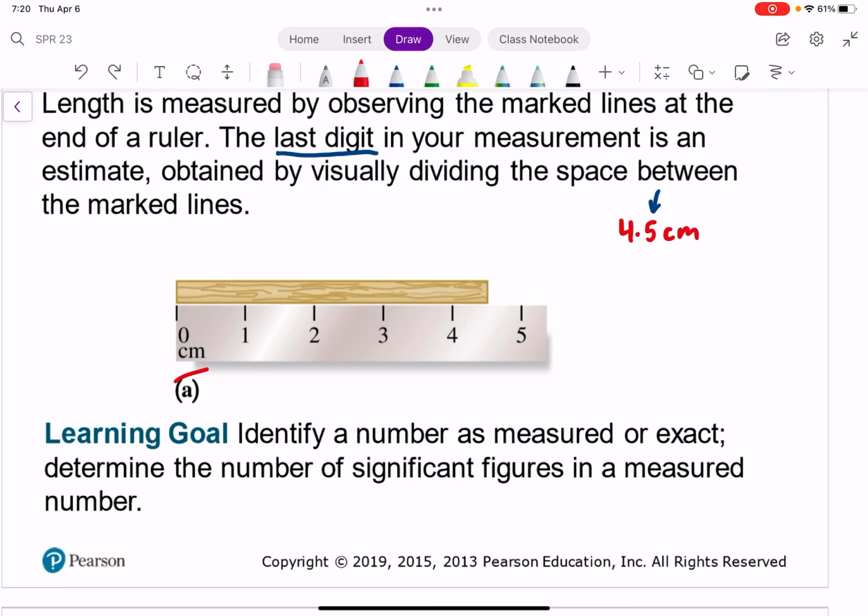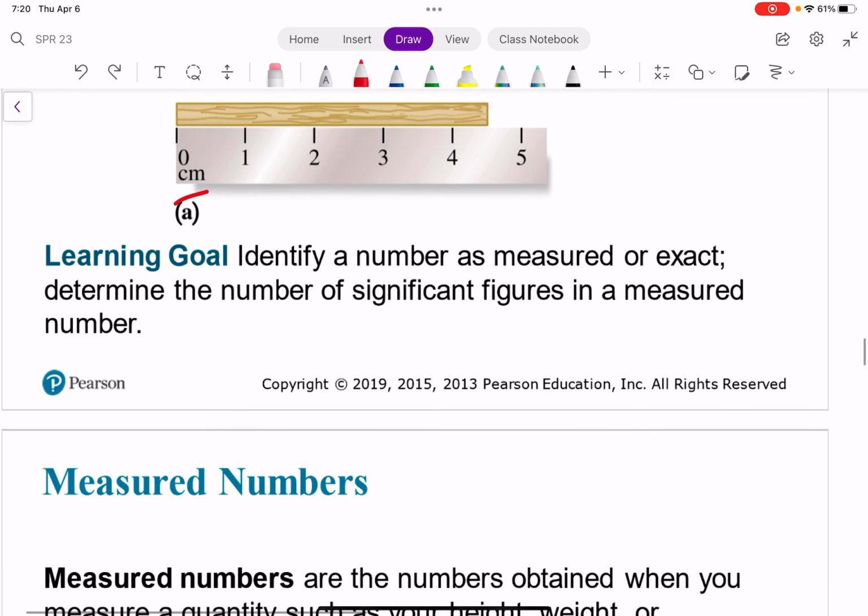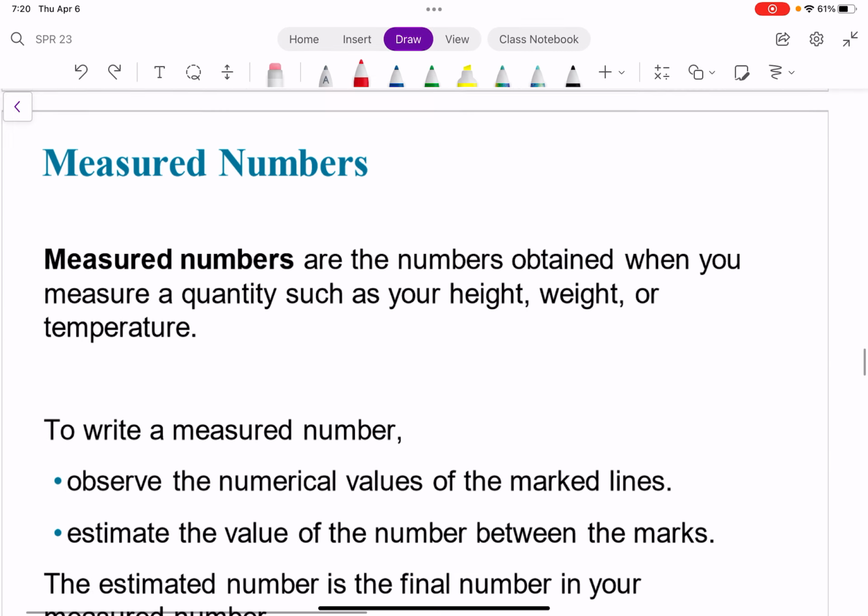It could be the length, it could be the mass. We take all kinds of measurements in our daily lives and in chemistry, but there's always a degree of error in those. We also want to determine the number of significant figures in a measured number. We'll talk about what that means in a little bit. That's probably some new vocabulary, and that's okay.